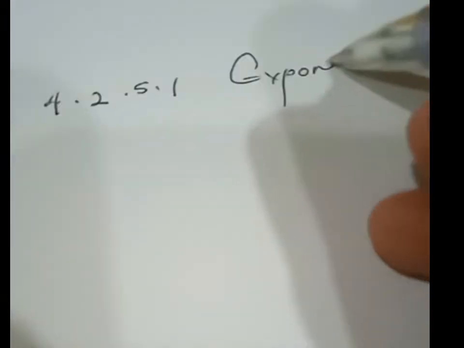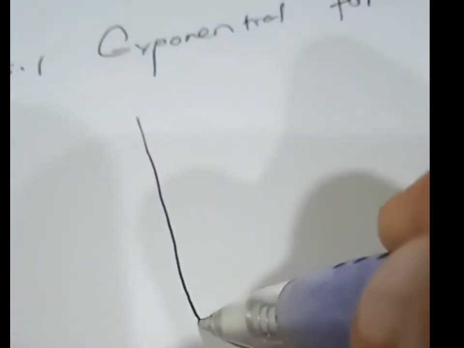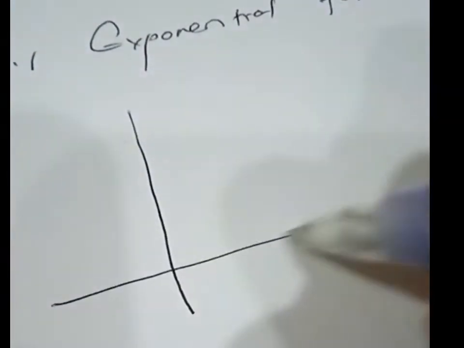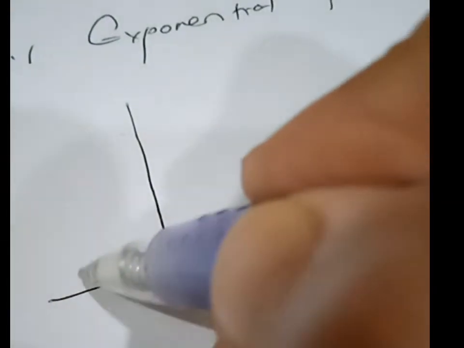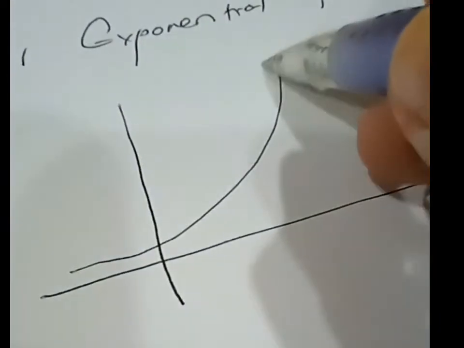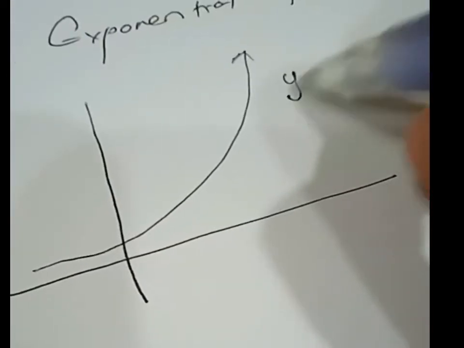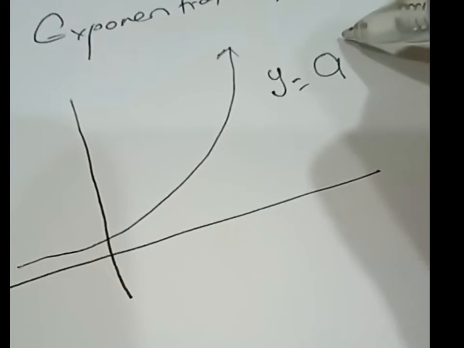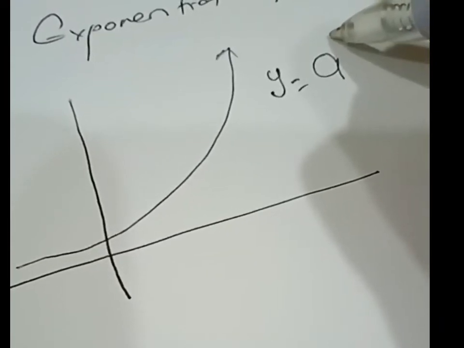4.2.5.1 exponential function. Okay, exponential function, we have a curve in the form of a power x, where a is a constant.